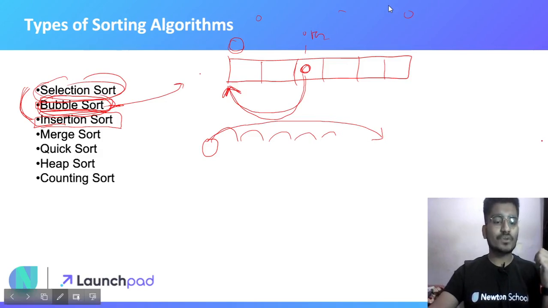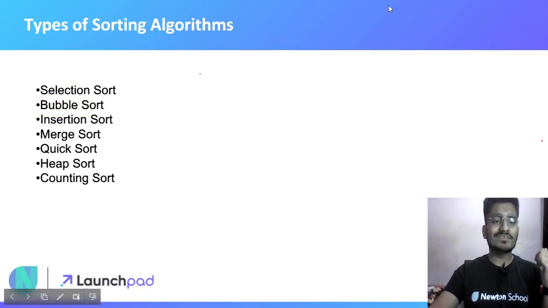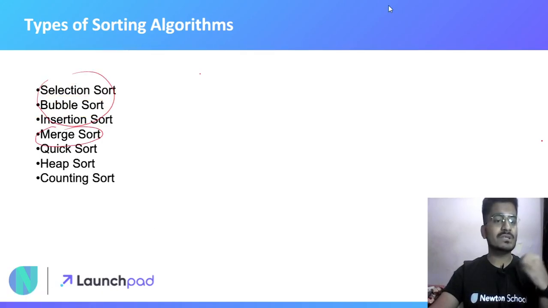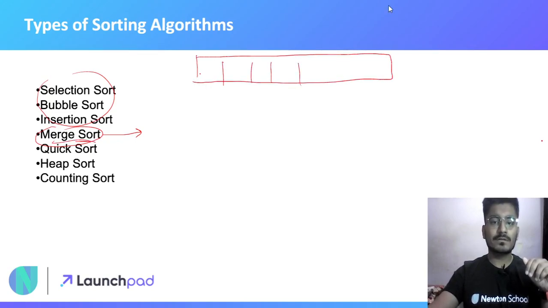Now merge sort. Merge sort is obviously better than these three sorts. In which manner, we will see in a separate video; right now just a brief. In merge sort, suppose we have a complete container in which elements are arranged in random order.